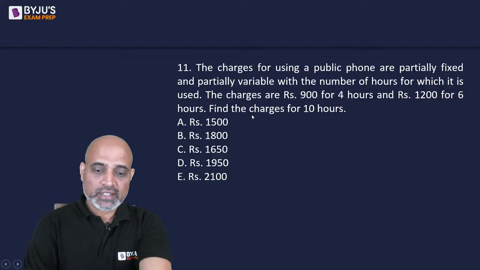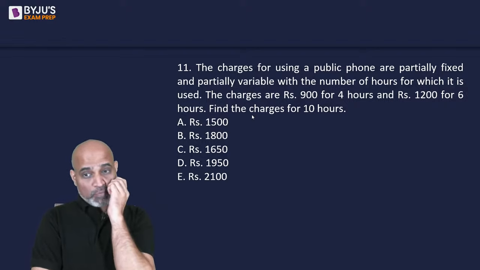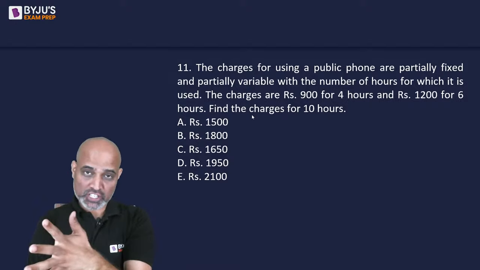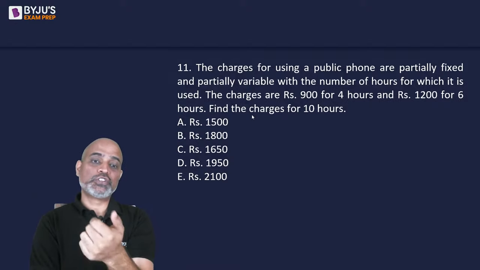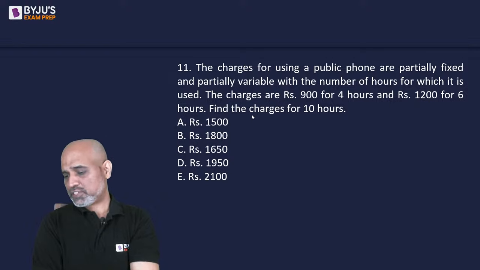Good. Next question. The charges for using a public phone are partially fixed and partially variable with the number of hours for which it is used. The charges are rupees 900 for 4 hours and rupees 1200 for 6 hours. Find the charges for 10 hours. So, can we solve this without using equation, without deriving any formula?